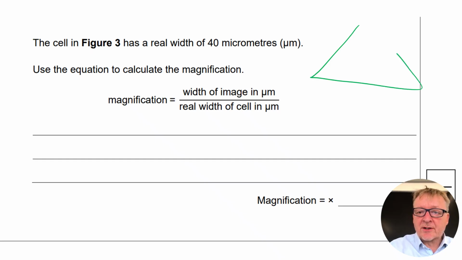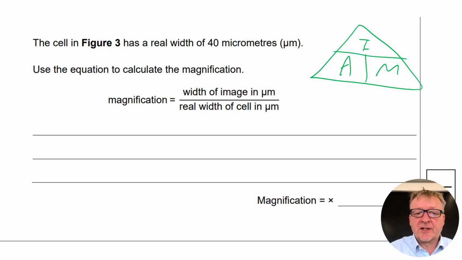So I'm going to write my triangle here again, so it's AIM: actual, image, magnification. I like this one because it's what I always think about. The cell in figure 3 has a real width of 40 micrometers, so the real width is this bit at the bottom here.